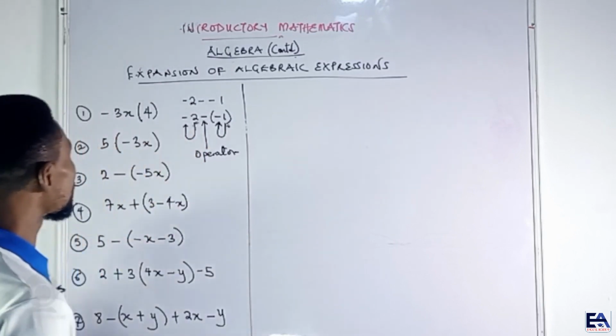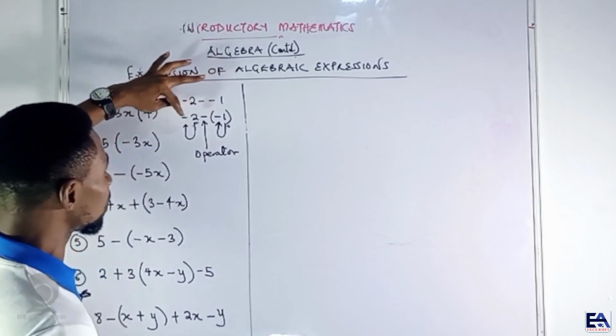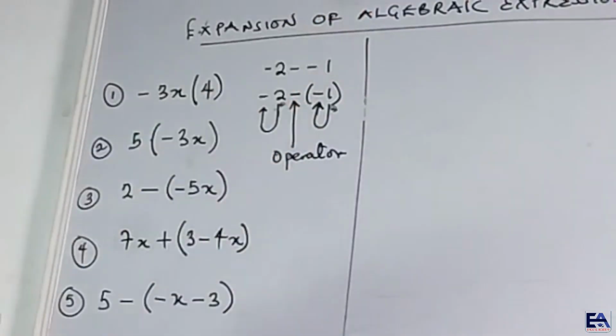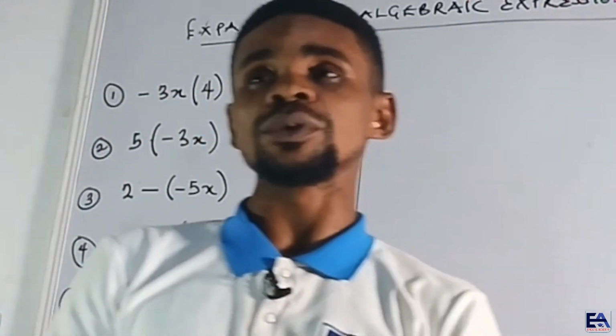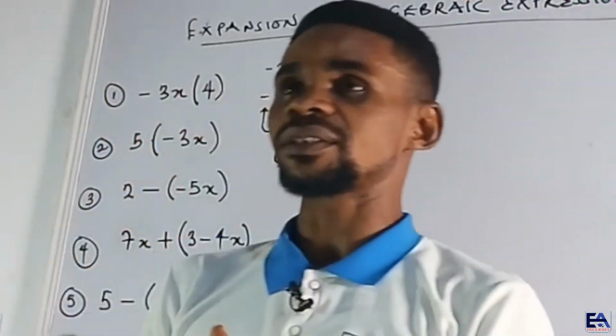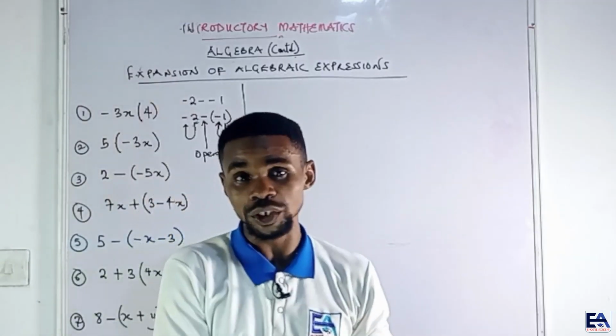Now, if you want to walk further, we deal with that bracket area first. In mathematics, we always try as much as possible to remove brackets when we are simplifying expressions or even equations.